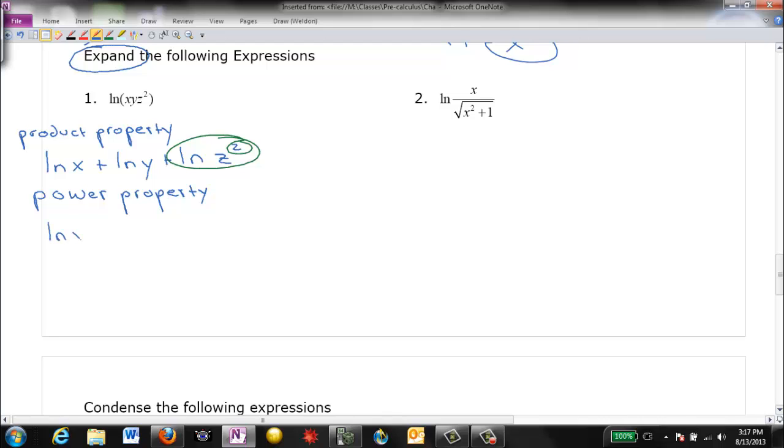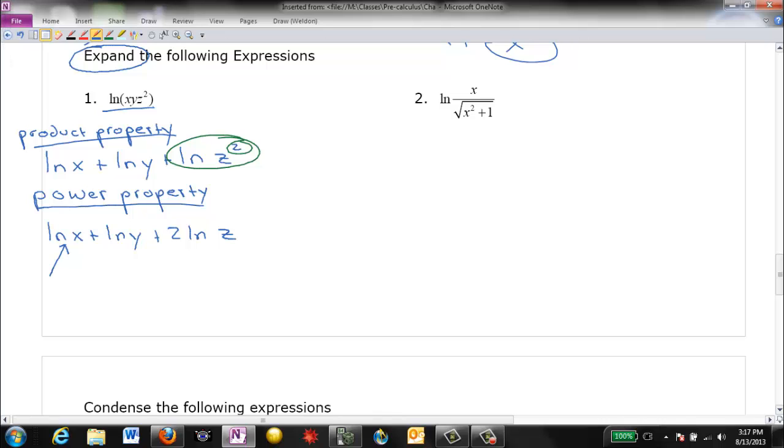So now I have the natural log of x plus the natural log of y plus 2 times the natural log of z. Now you see that that's about as far as we can go with this problem. We used two properties in conjunction with each other. You can see that this expression here is much bigger, more expanded than the one that we started with. That's why they call it expanding.